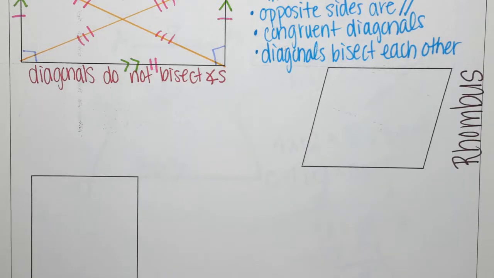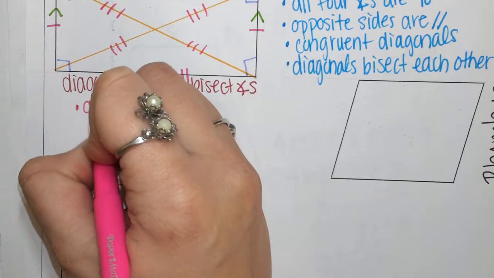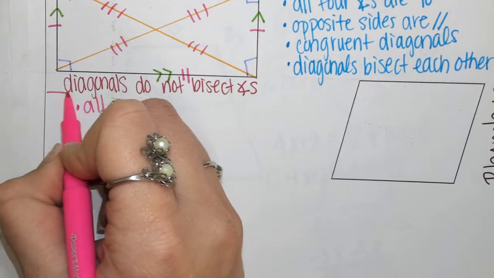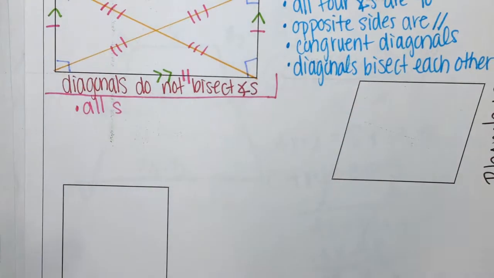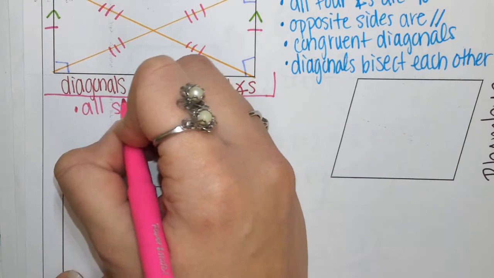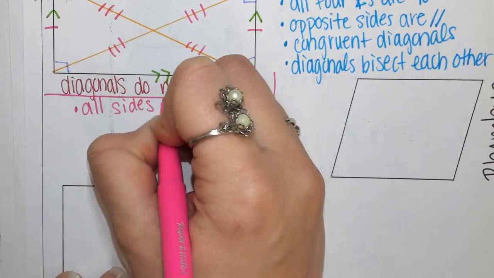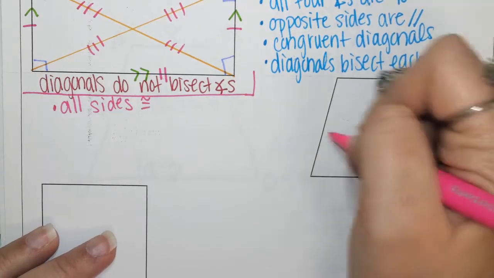All the sides are congruent. All sides are congruent. Take a point. All sides congruent. So what do I need to put on each of my sides? Tickies.